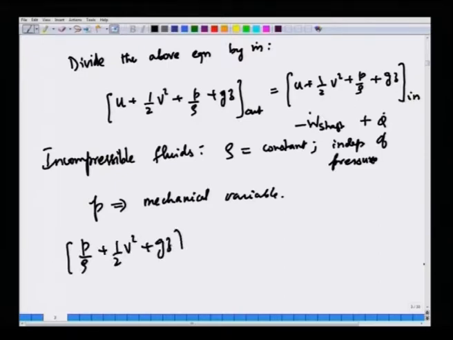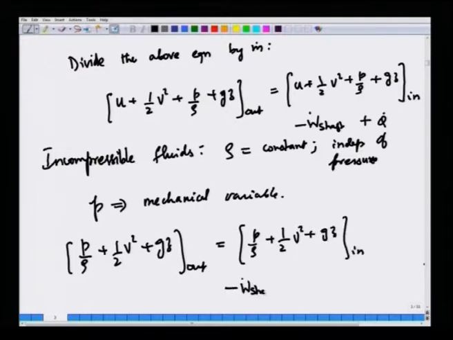to write this as P by rho plus half V squared plus gZ at outlet, minus P by rho plus half V squared plus gZ at inlet, equal to minus W dot shaft, minus (U out minus U in) plus Q dot. Okay, so we are trying to divide the entire equation by m dot.